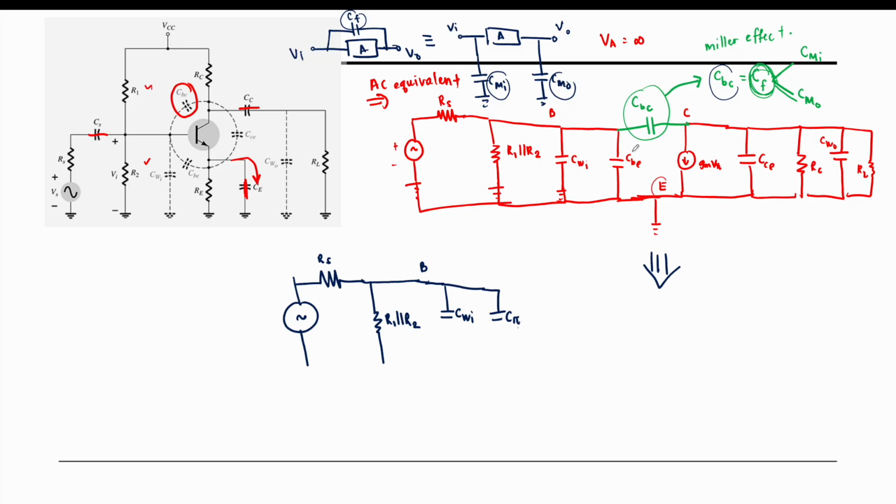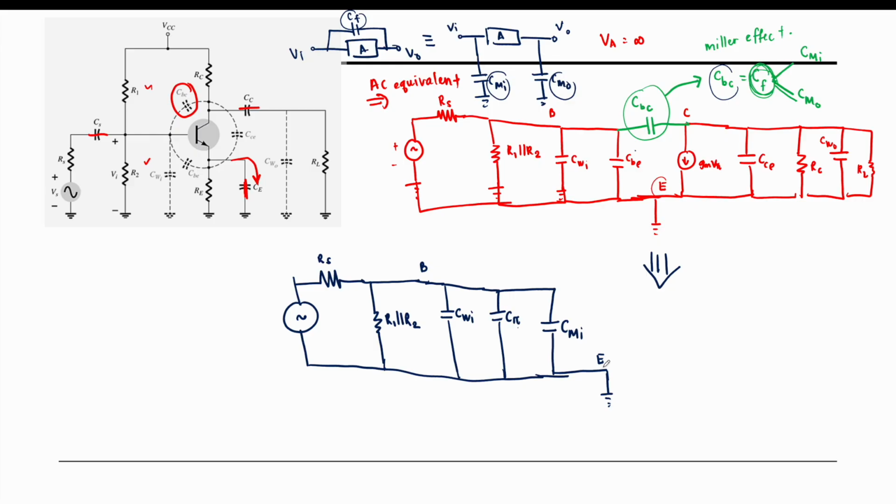Remember, C pi and CBE are the same. Next, this is our CMI. Then it goes to the emitter, and this emitter is ground because there is nothing there. Connect all of this.